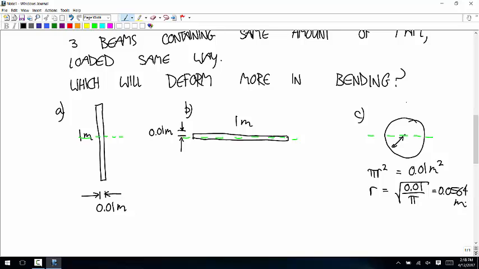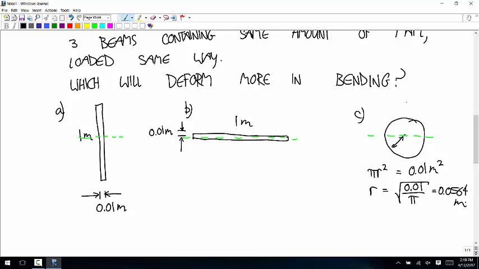And so what we're going to do is calculate the area moment of inertia of these 3. This is going to be the highest, second highest, lowest. And then the idea is, if you look at the formula for the stress, it is inversely related to that value.